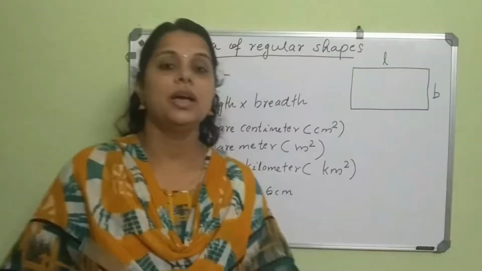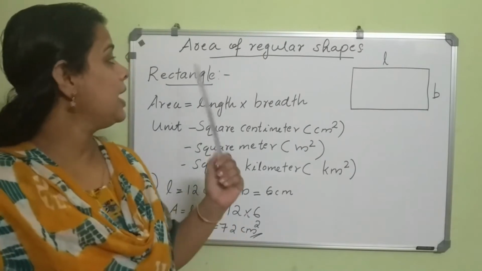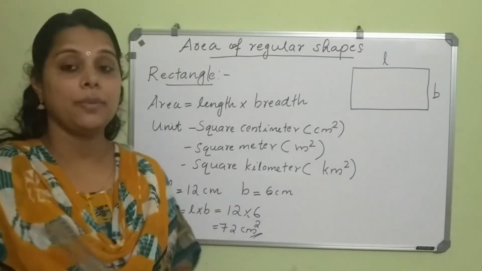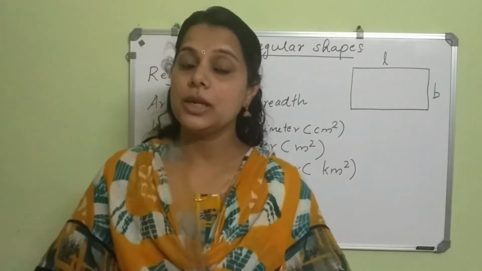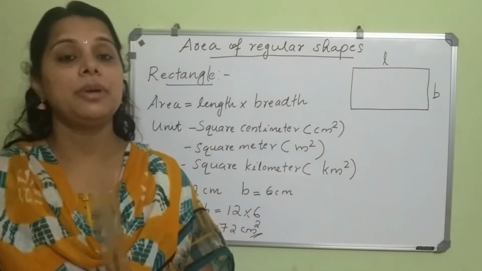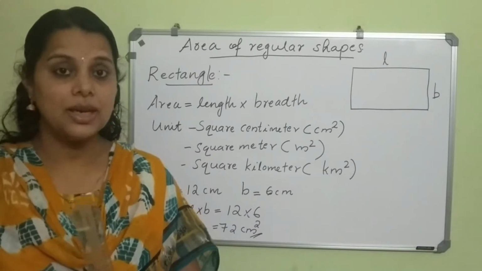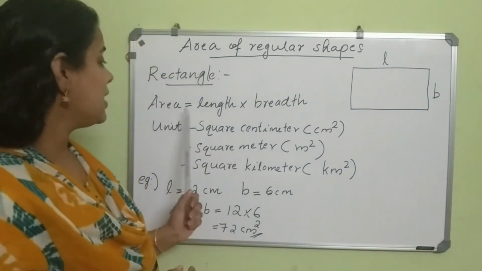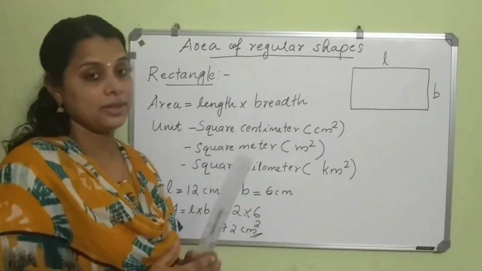These are the regular shapes. Now let us discuss area of regular shapes. First is rectangle. The amount of surface enclosed by length and breadth of a rectangle is the product of length and breadth. So we can write area is length into breadth.